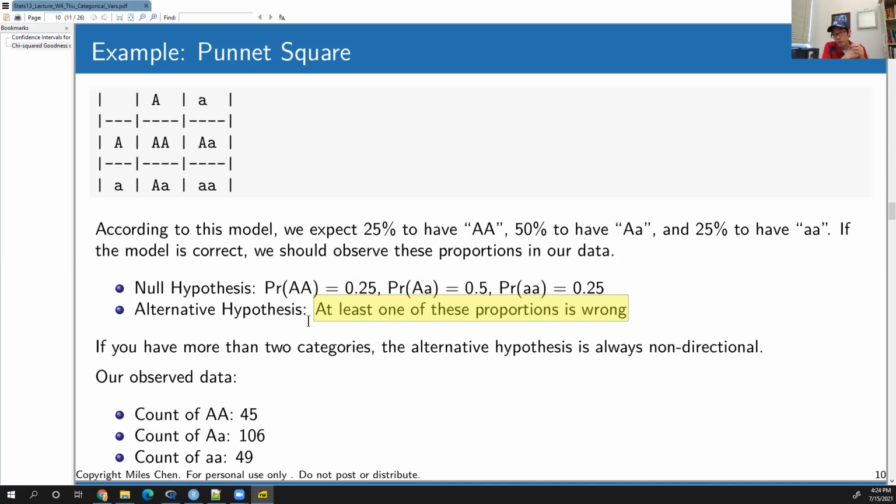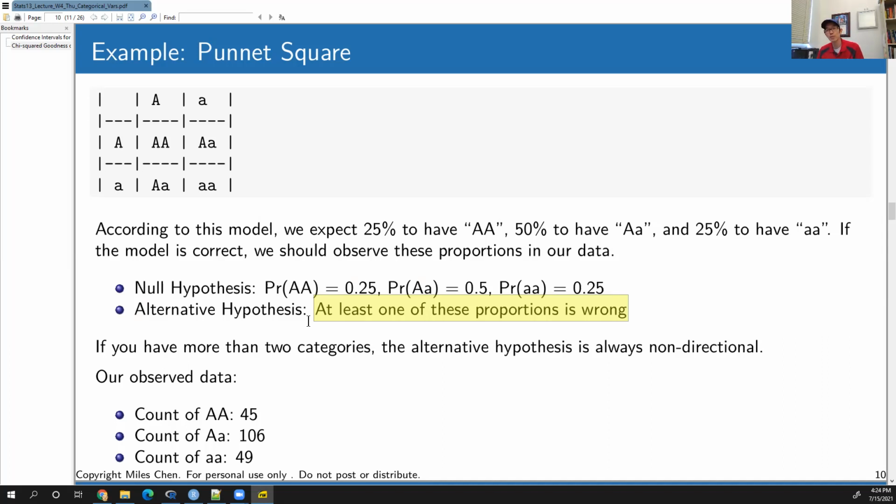And it's even more complicated if you have more than 3 categories. If you have 5 categories and you want to say category D is too big, then which categories do you have to shrink in order to compensate? Because everything has to add up to 1. So if one of them is too big or too small, you have to make up for it in the other categories. But exactly how you're going to do that is not clear.